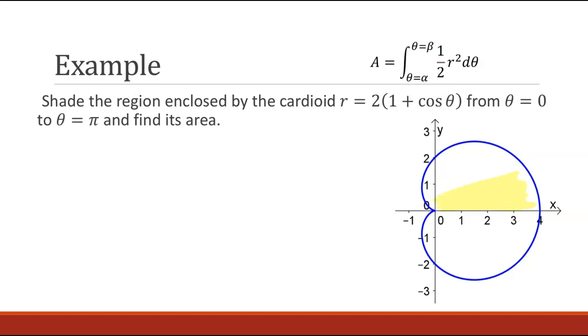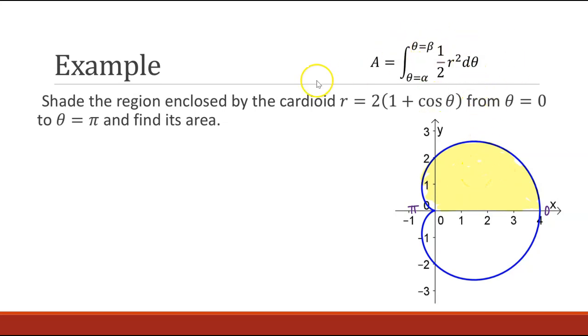Theta equals 0 is on the positive x-axis, and then pi is on the negative x-axis. And so we are extending from 0 to pi, moving along our polar curve. So this is the region that we want to find the area of.